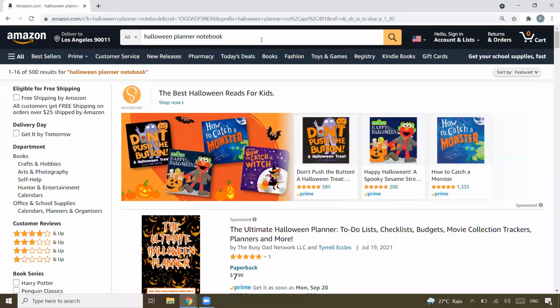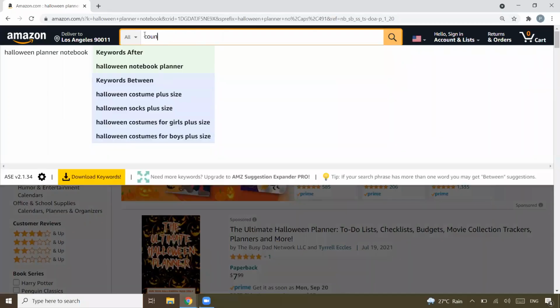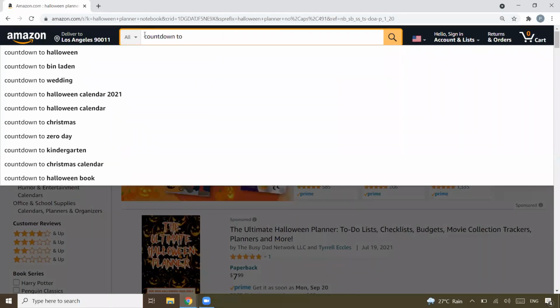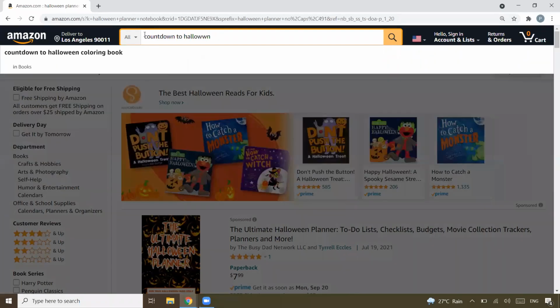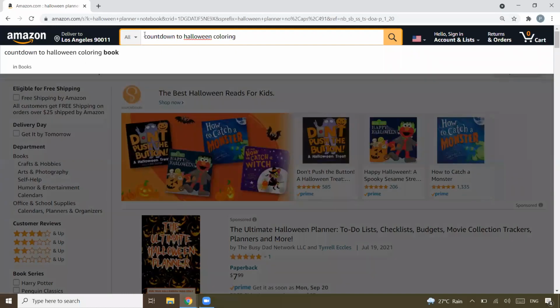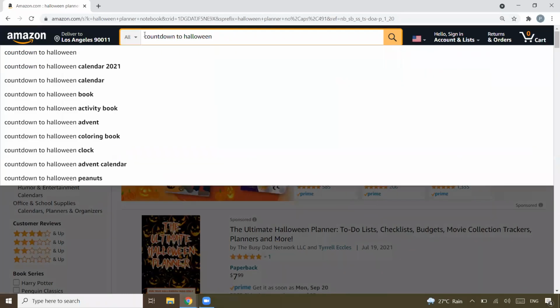So let me go to Amazon and search for countdown to Halloween. Oops, I misspelled it. Halloween coloring. And by the way, you can see over here that these are all the suggestions that we are getting from Amazon itself, so that means people are searching for it.